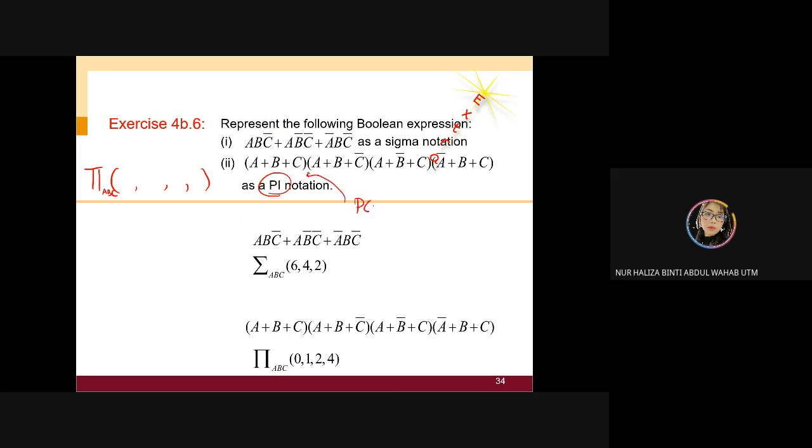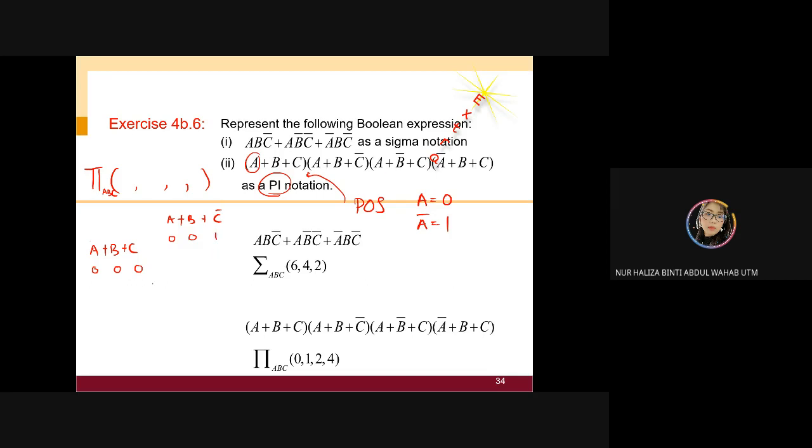This is POS. I need to remember A equal to 0, A bar equal to 1. So here I have A, B, C: A equal to 0, B equal to 0, C equal to 0. Another one, I have A, B, C bar: A equal to 0, B equal to 0, C bar will be 1.